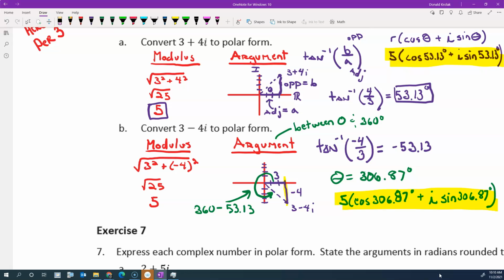Okay, so let me show you what happens if it's not in one of those quadrants. What happens when you do it on your calculator? Okay, so I'll just call this C. Okay, so let's say that it was negative 3 plus 4i.